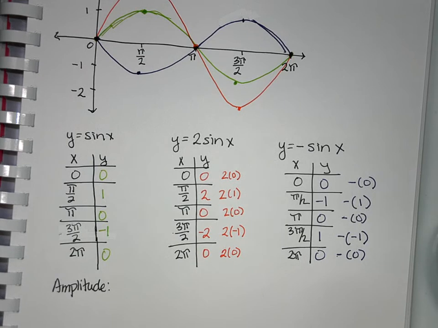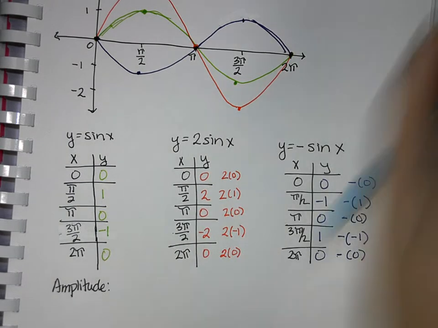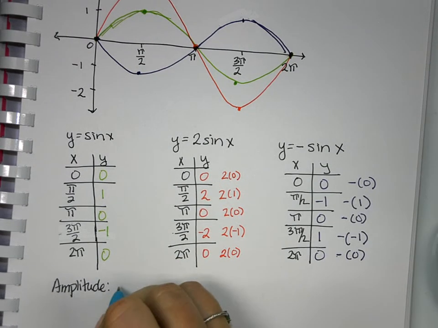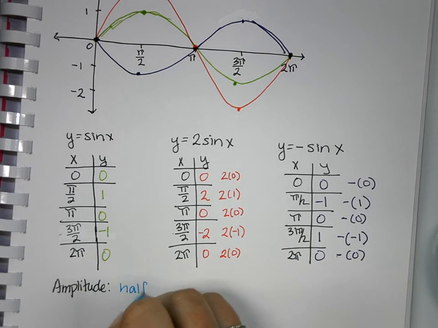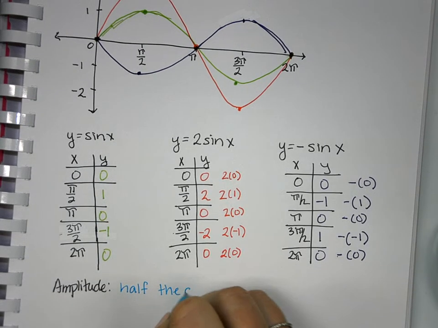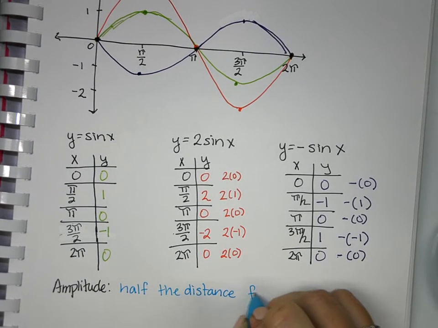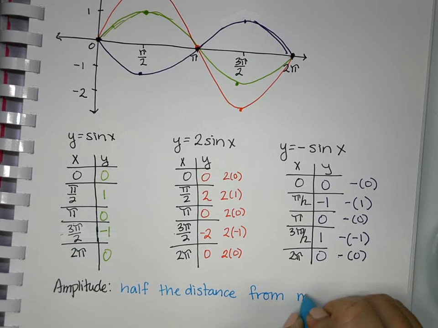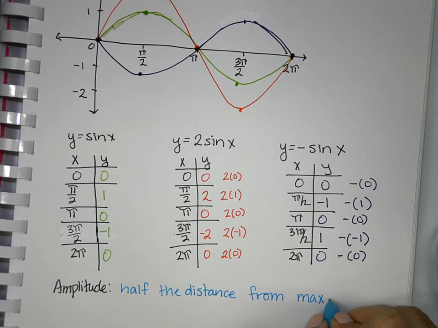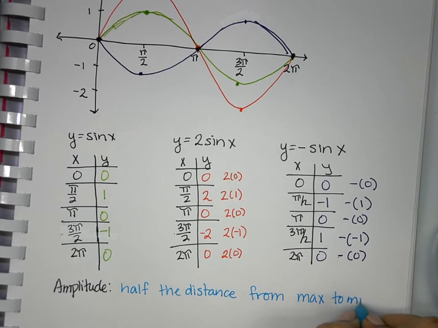Okay, what that means is that number is half the distance from maximum to minimum of your graph.